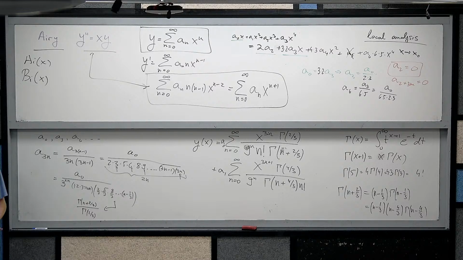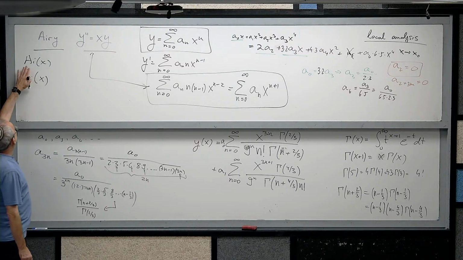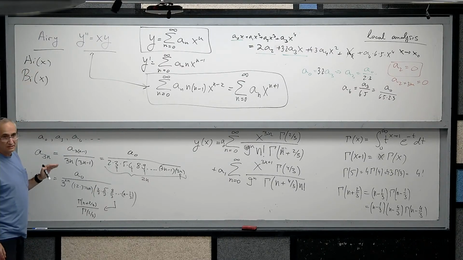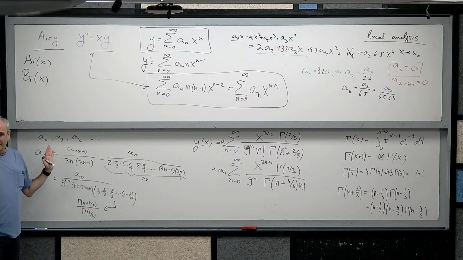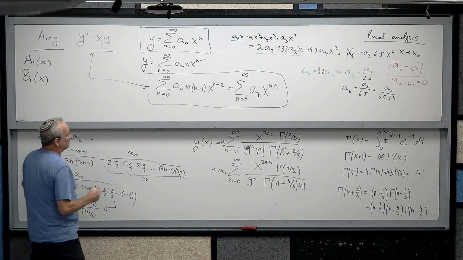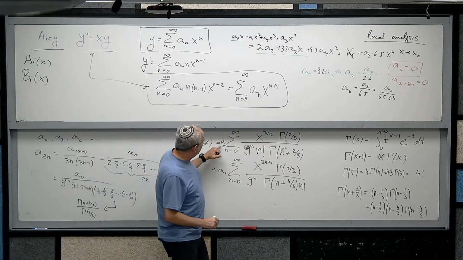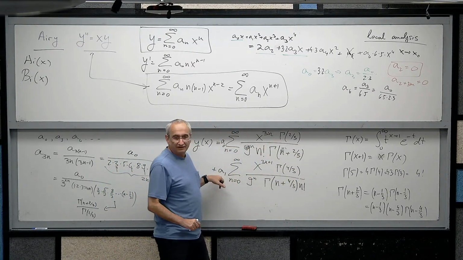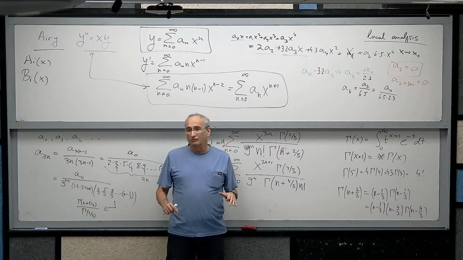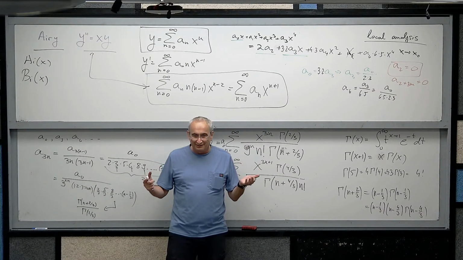Just one remark. I told you that the answers that you can find in books are called Airy and Bairy, right? You may think that this is Airy and this is Bairy, or vice versa. But no, every linear combination is also a solution.